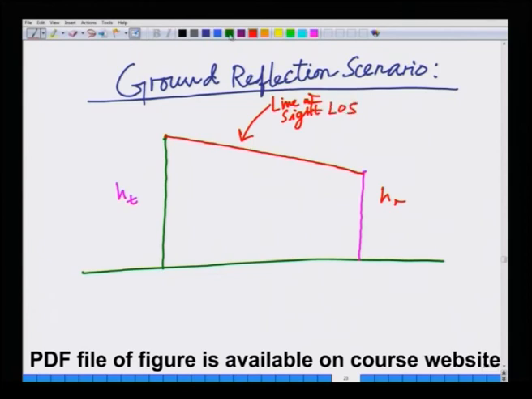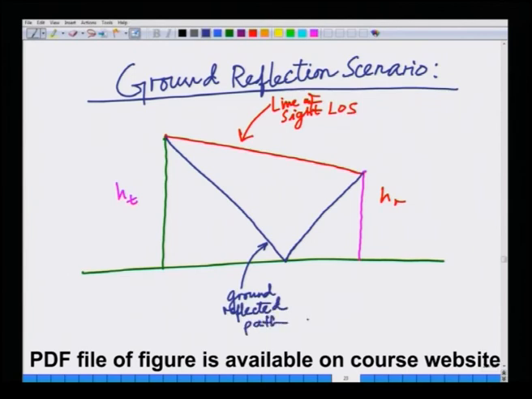There is also another path, which is a reflected path. This path is essentially the ground reflected path, such that the angle of incidence theta I and the angle of reflection are equal.